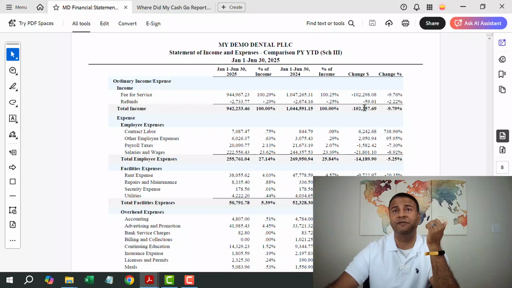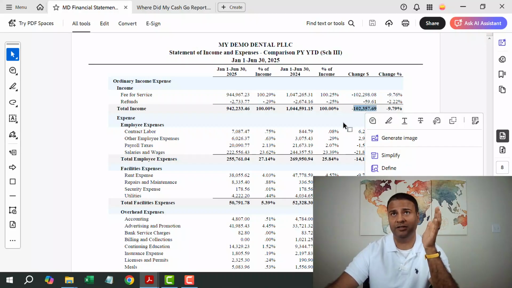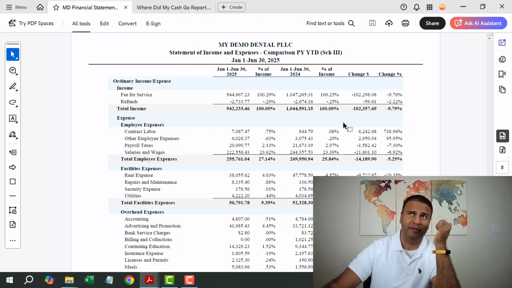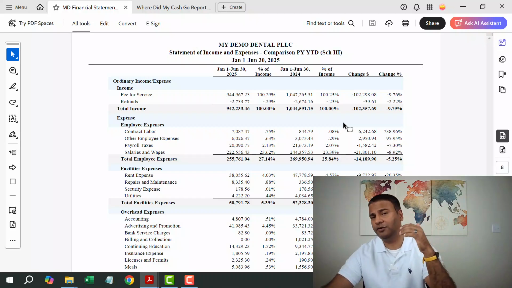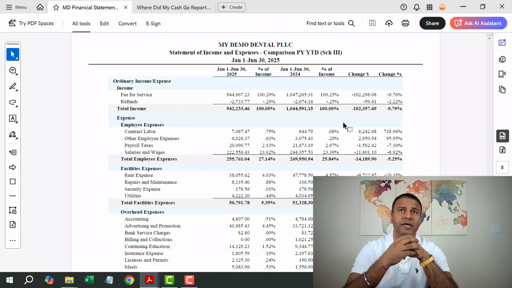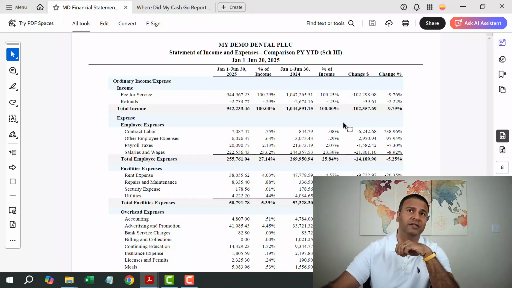So collections have gone down by about $102,000. The typical scenario, and the better scenario, is that every year you go up by about 8%, but this is a large practice, so yes, there will be ups and downs. But if you're a less than $1 million practice, generally speaking, your number should go up pretty much each year from a collection standpoint.